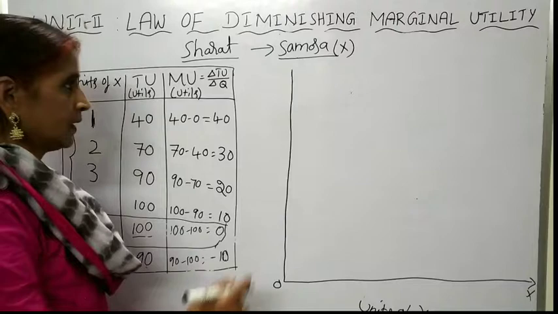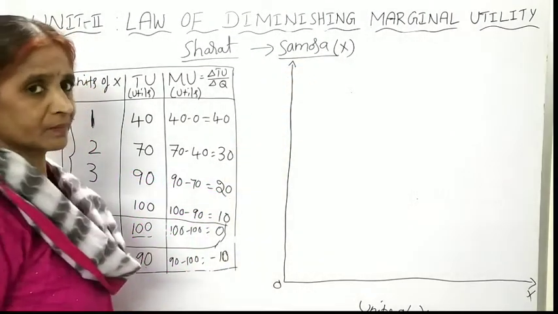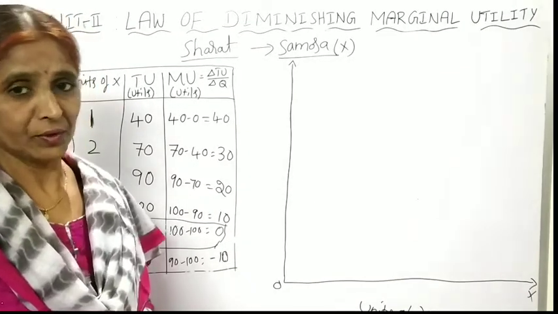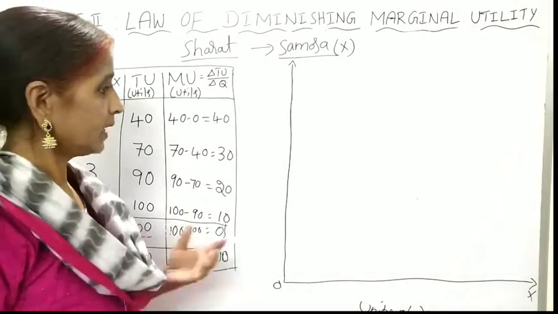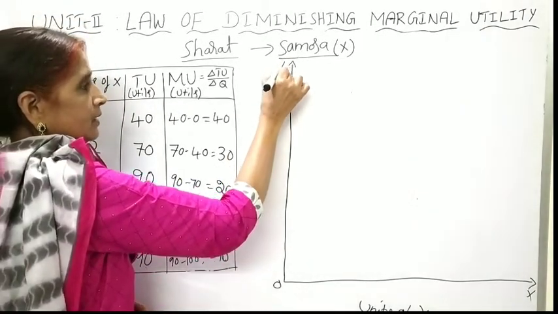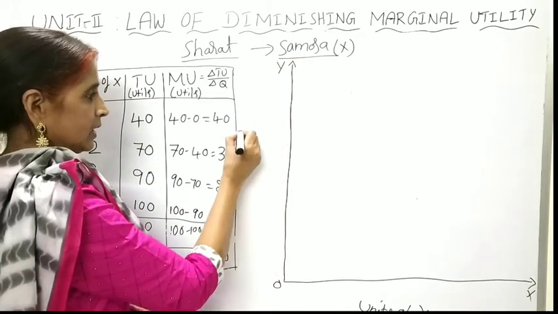Children, in our real life also, if you like any food item but continuously consume more units of the same good, after a period of time definitely you will get dissatisfaction. Okay, it is a fact. So that is explained by the law of diminishing marginal utility.